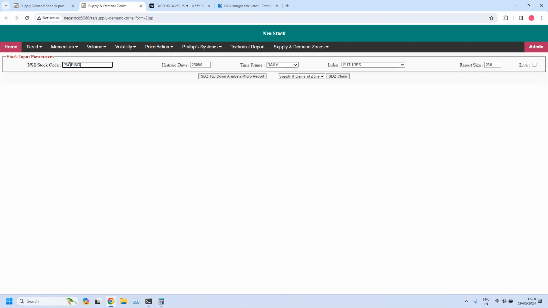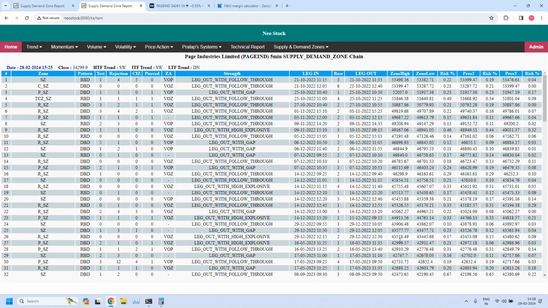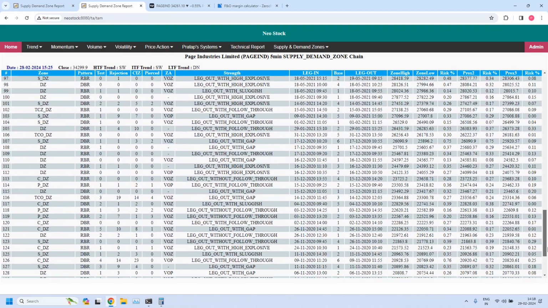let me add this stock code, Page Industries, and which time frame do we need to look for? 5 minutes time frame. Let me generate the SDZ chain for 5 minutes, Page Industries. So this is the complete thing we got.